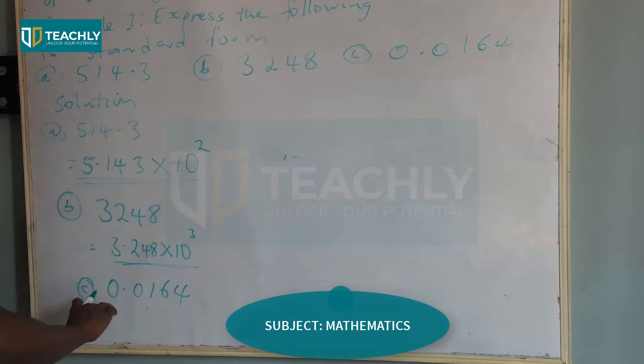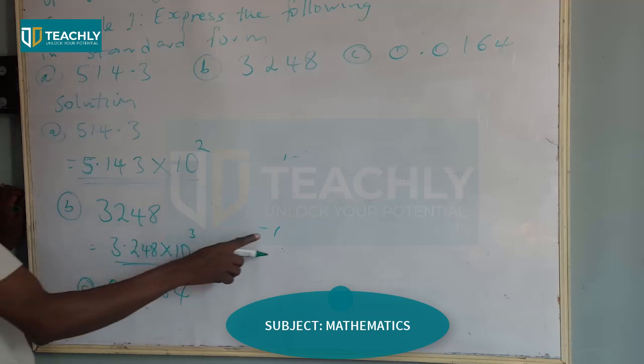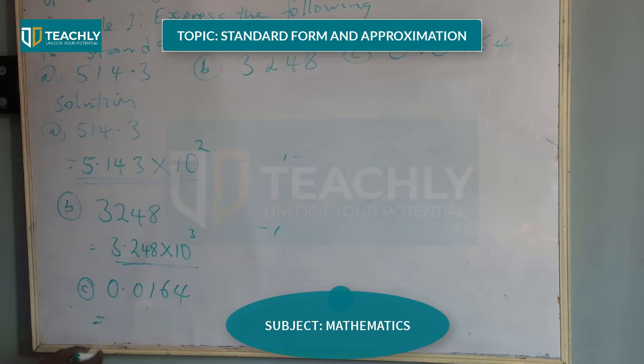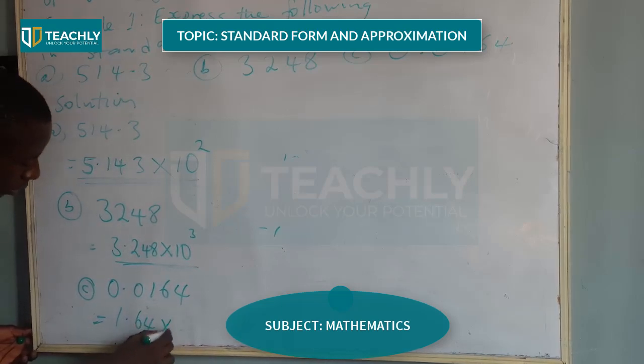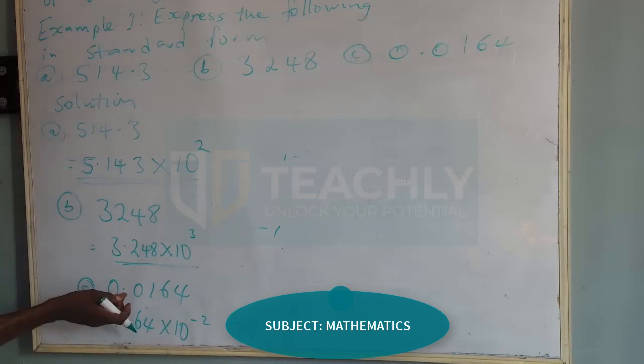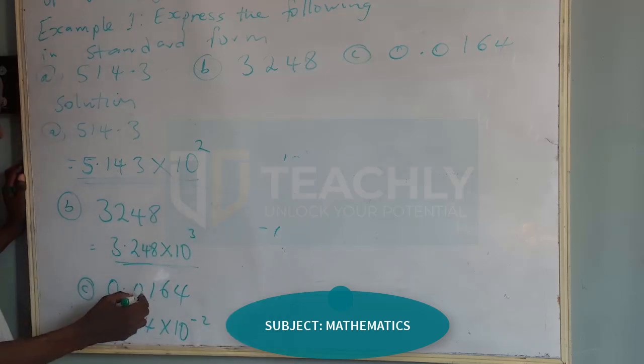You are moving from the left to the right, so the power of 10 will be minus. From right to left is plus. Moving 1, 2, we get 1.64 times 10 power minus 2. I put minus there because I'm moving from the left to the right.